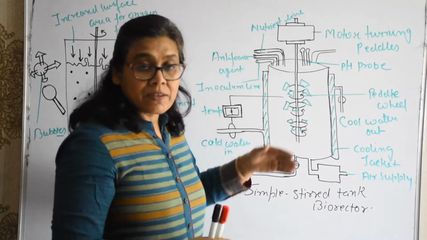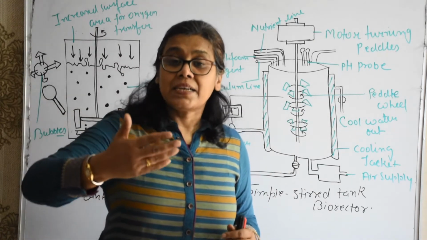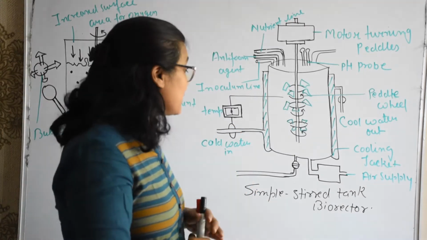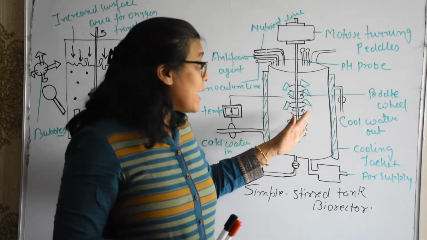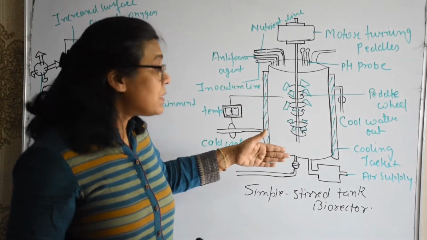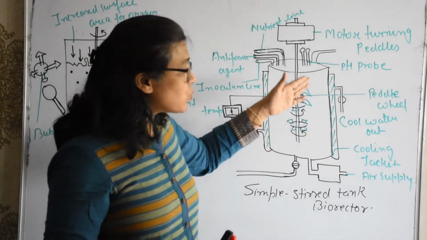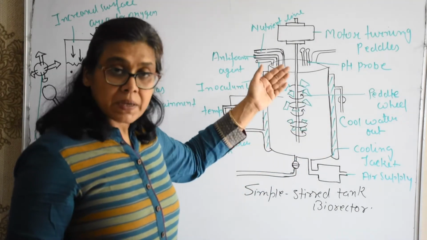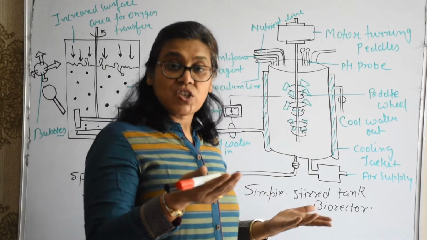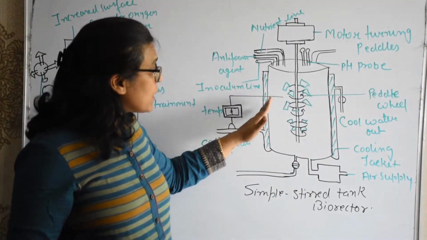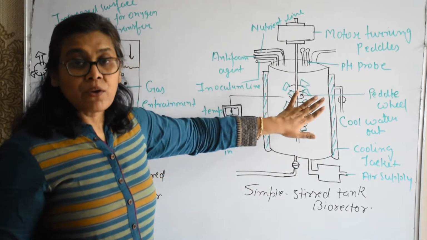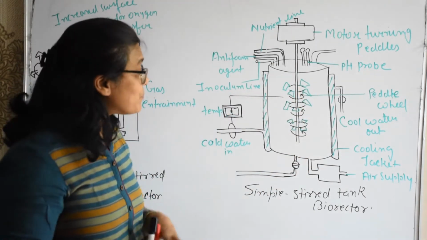If the bioreactor is getting heated, which happens because heat is generated by microbial activities, then to regulate the temperature, cold water flows through the water jacket and the temperature drops to the optimum level. If the temperature is down, then hot water will be circulated in the water jacket, so the temperature of the bioreactor will be maintained.